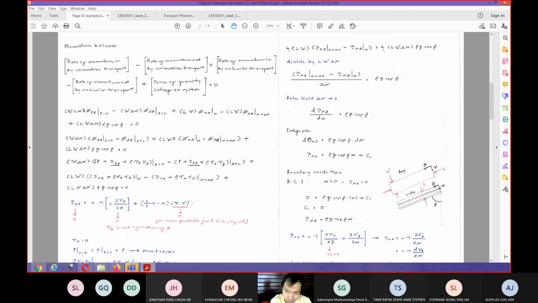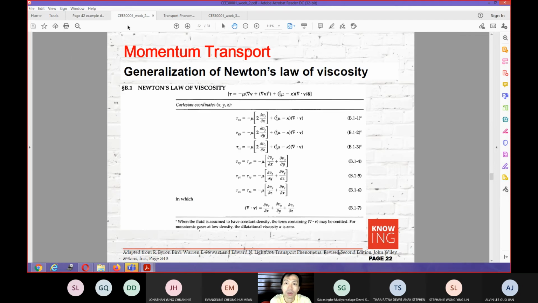Now you integrate. This is a simple integration, and then you have this constant. Now, how do you get the value of your constant? In your system in here, we can simply use our first boundary condition. Where is the first boundary condition?